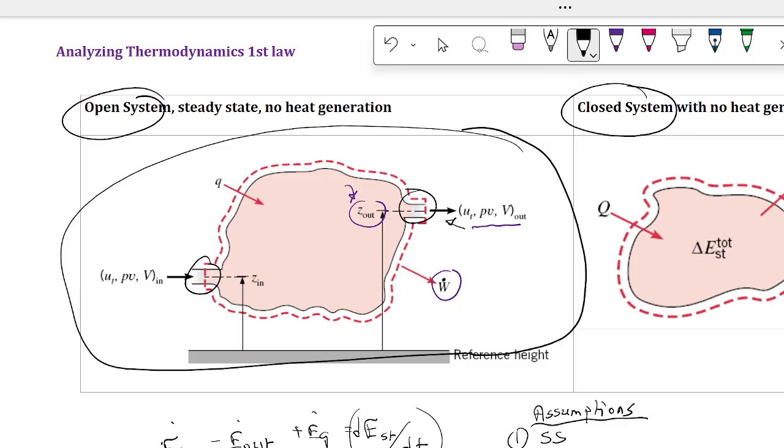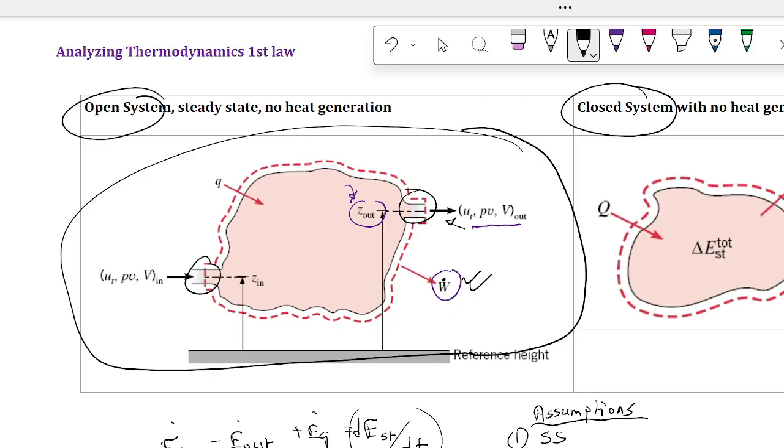So Q, I can write this as Q in, and here there is no Q out. Here we have a work out happening, so there is no work in. So we can write Q in, work out, right? Plus m dot hi minus ho. You guys agree with me on that?